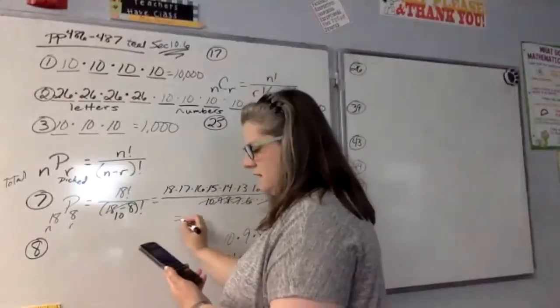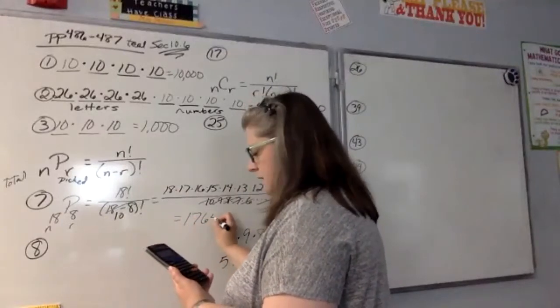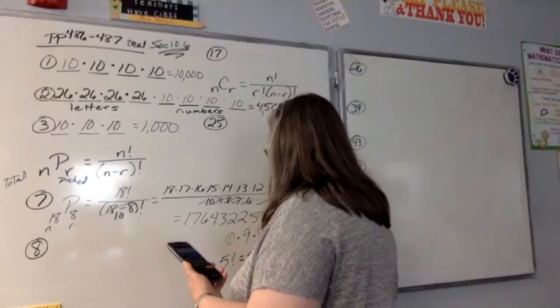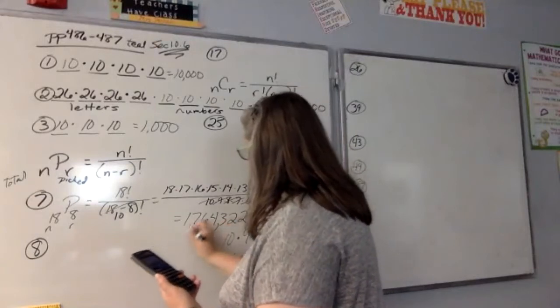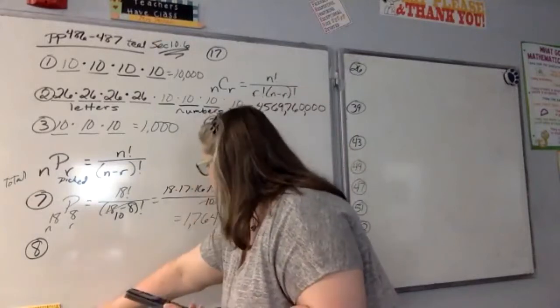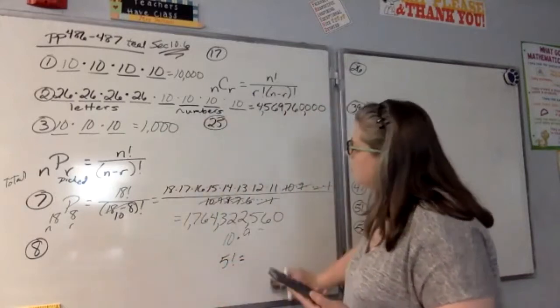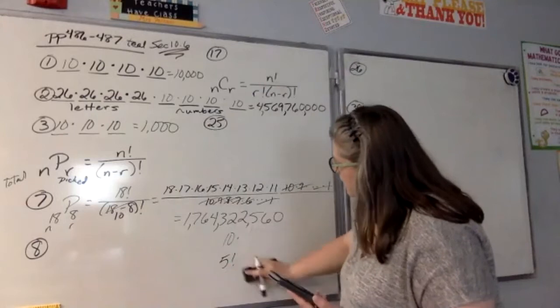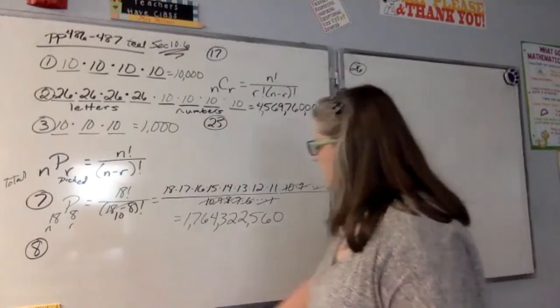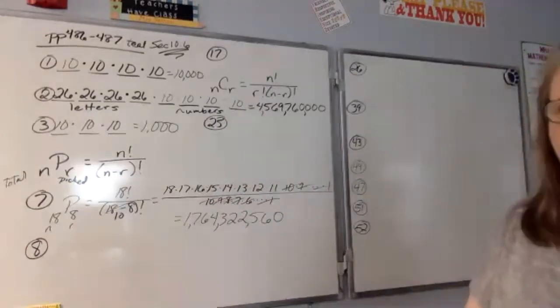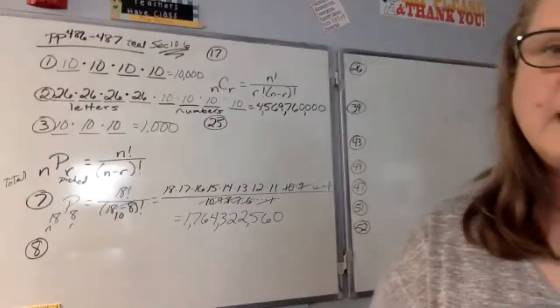So it is 1,764,322,560. Okay, so in case you haven't figured it out yet, yes, we get big numbers on these.